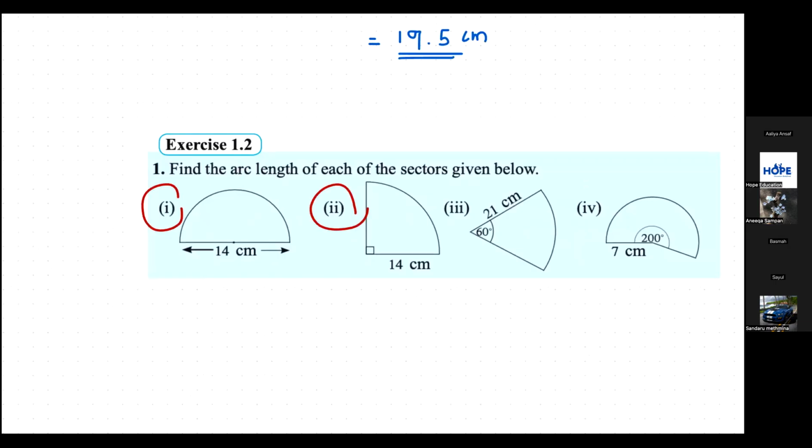Try these two quickly. Try the first two.